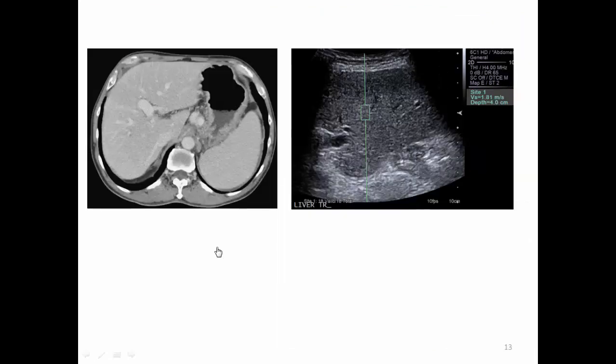In another case, we can see the liver looks not so bad, although it has some splenomegaly and varices here, but the overall appearance of the liver is equivocal for us. Ultrasound shows somewhat coarse liver echo, but there is no obvious sign of significant cirrhosis in this situation.